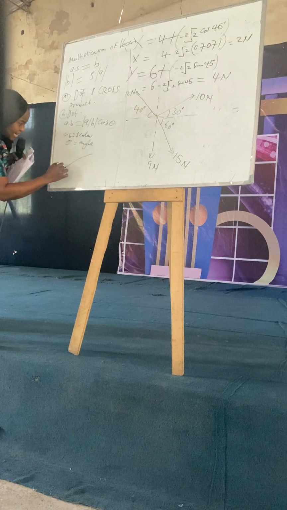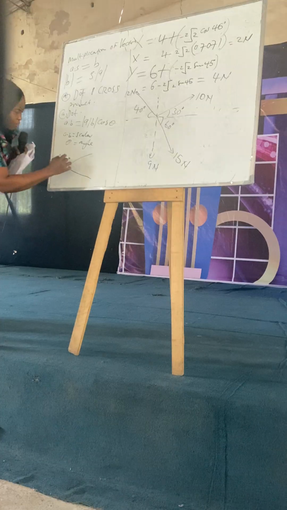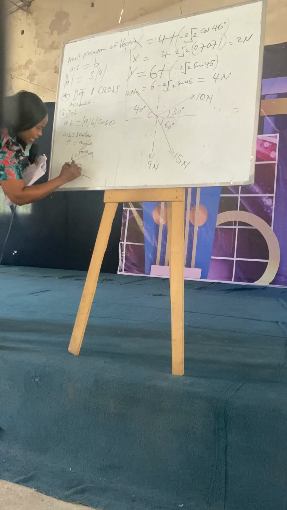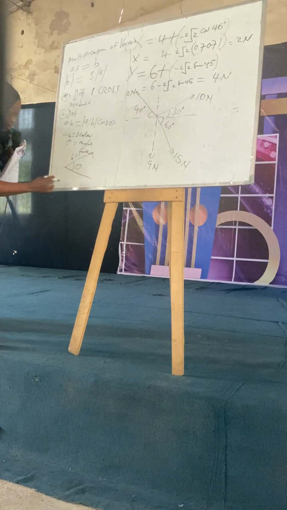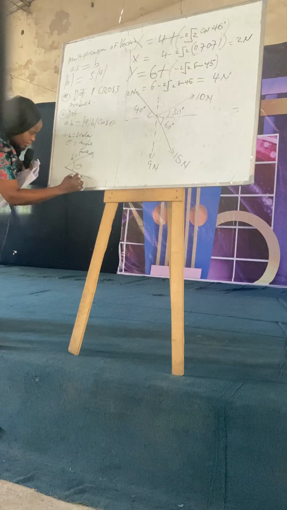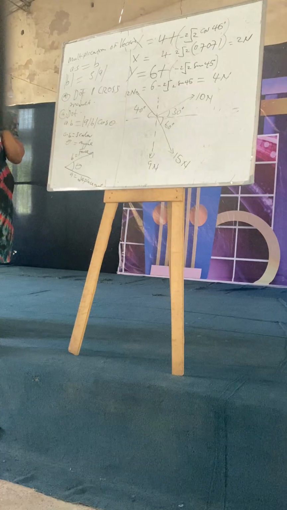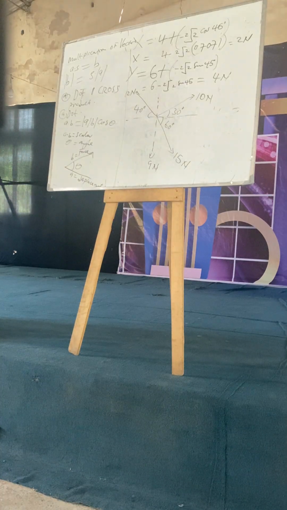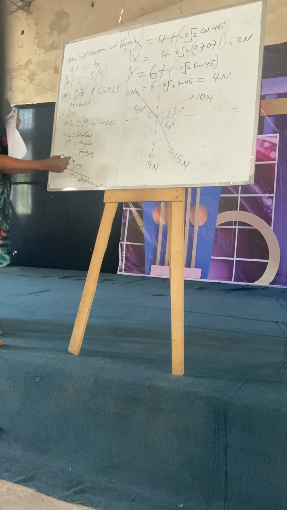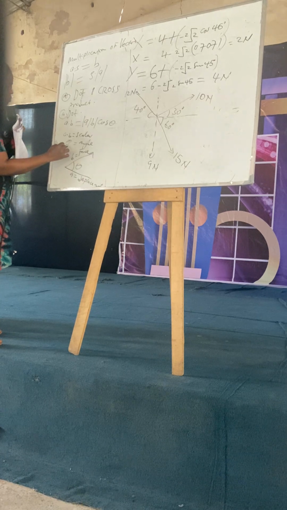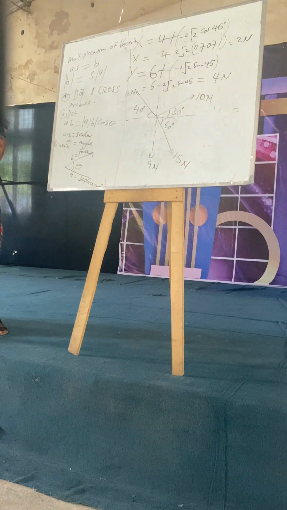If you have a body inclined at an angle, B is equal to the force, this is the angle, and A is equal to the displacement. Remember, you can't talk about the concept of work without talking about displacement or distance, force times distance. Meaning that one of the applications of the dot product is in the concept of work.